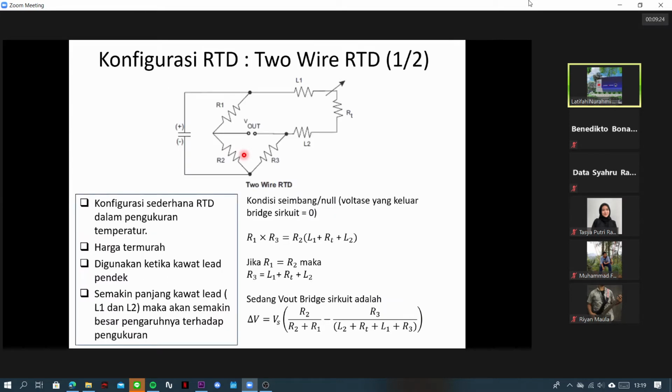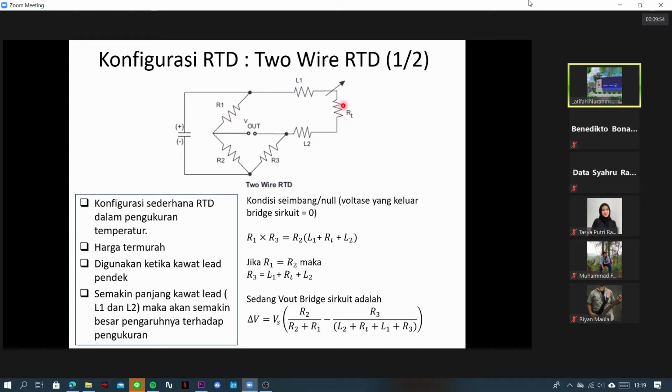Let's take a look at when R1 or R is the actual RTD. You can take a look here in the figure. So we have a Wheatstone bridge, R1, 2, and 3. Then remember there is one resistance here, which is now replaced by the RTD.